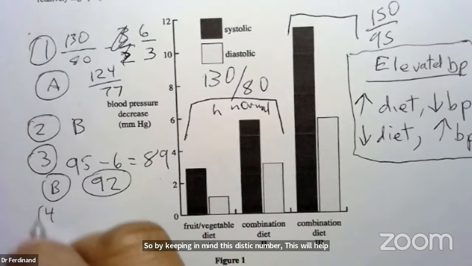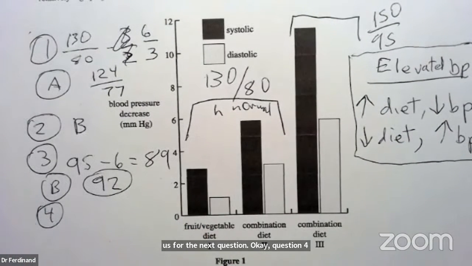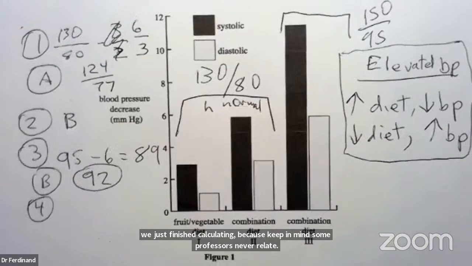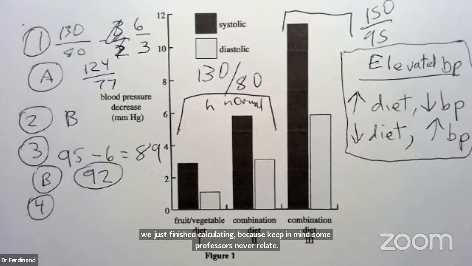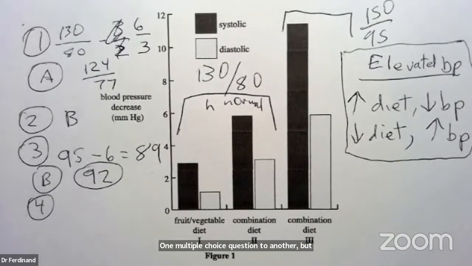Okay, question 4. You can put your answer in the chat. So of the following, again, we're looking at the diastolic pressure, which we just finished calculating. Because keep in mind, some professors never relate one multiple choice question to another, but ACER does. And you'll see this as you go through their materials.